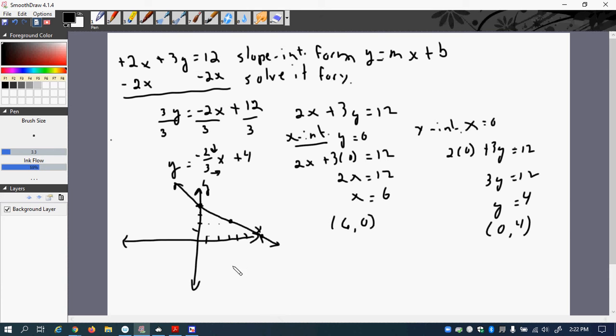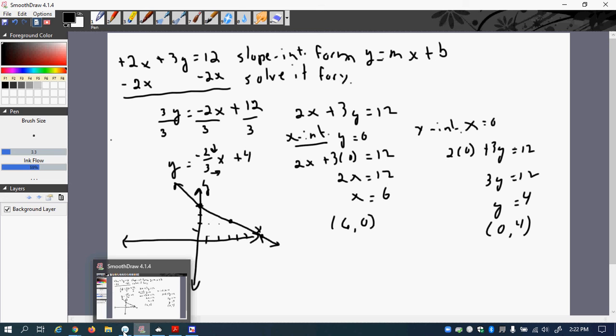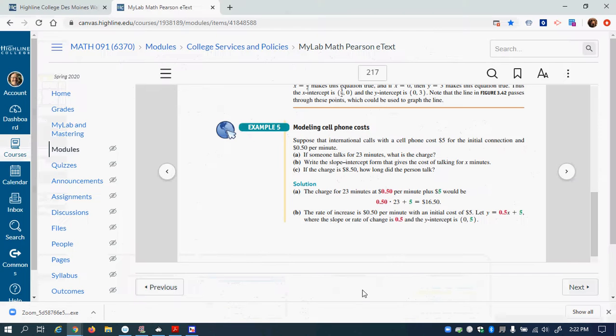Now take a look at another problem, which is a real problem situation, and we'll look at the equation. But this is where we're leading to, is modeling cell phone costs. So suppose the international calls with a cell phone cost $5 for initial connection, and then it's 50 cents per minute. So if someone talks for 23 minutes, what's the charge?